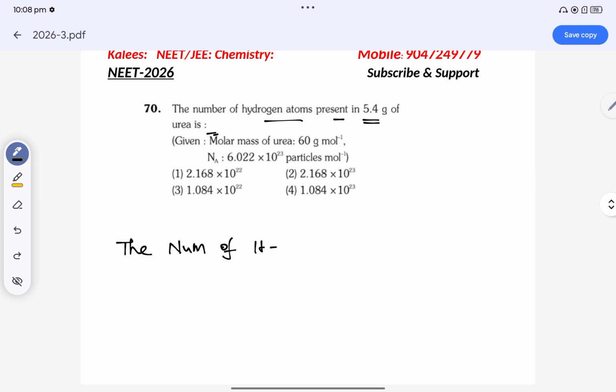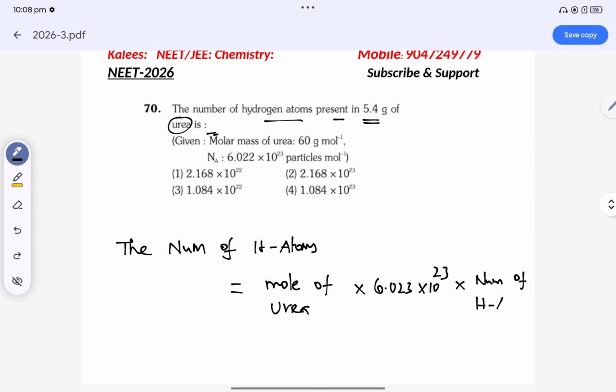The number of hydrogen atoms is the moles of urea into 6.023 into 10 to the power 23, the Avogadro number, into the number of hydrogen atoms in urea. The urea formula is NH2CONH2, otherwise called carbamide. How many hydrogen atoms? 4 hydrogen atoms. So substitute this value.